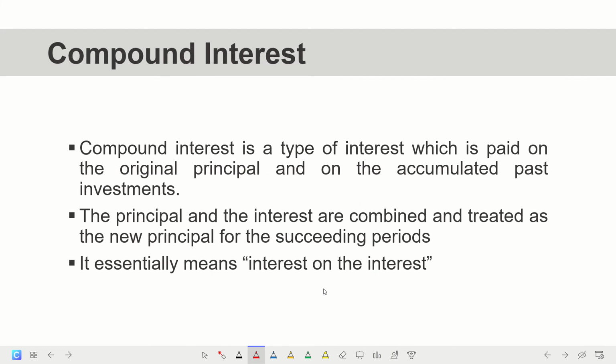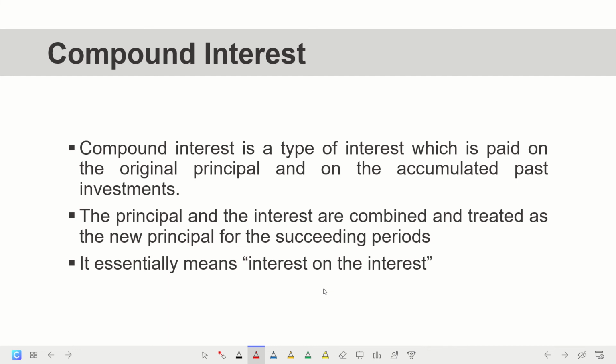To define, compound interest is a type of interest which is paid on the original principal and on the accumulated past interest. Meaning the principal and the interest are combined and treated as the new principal for the succeeding period.